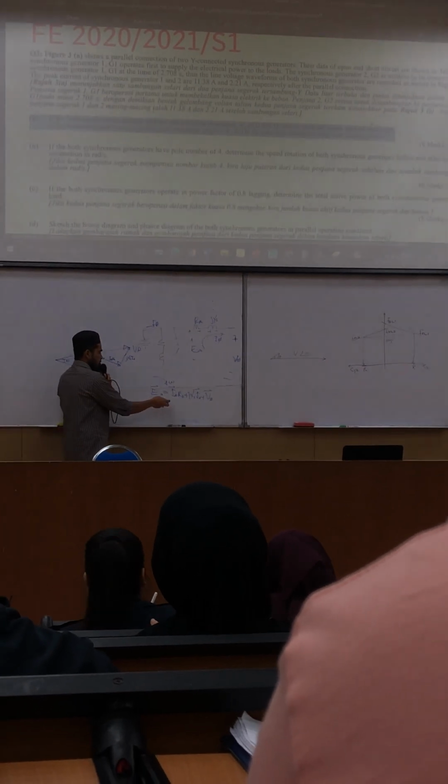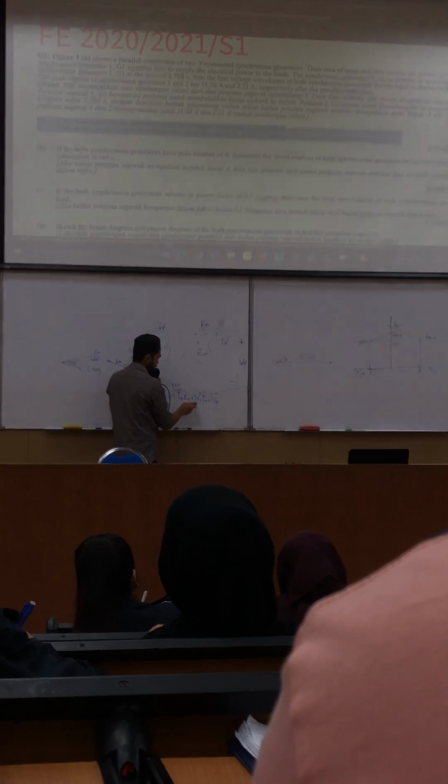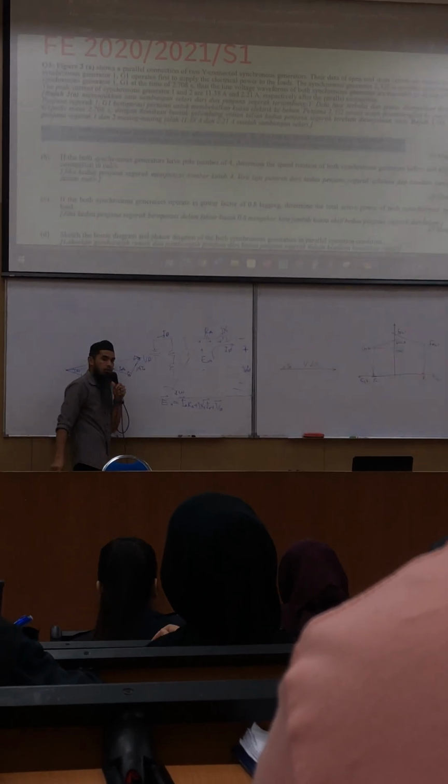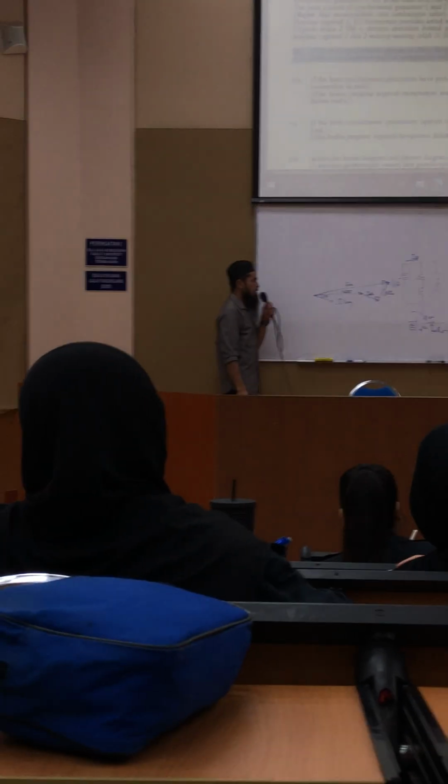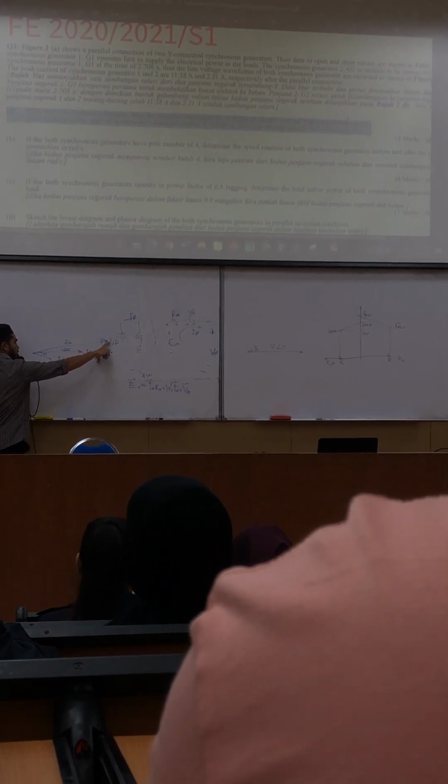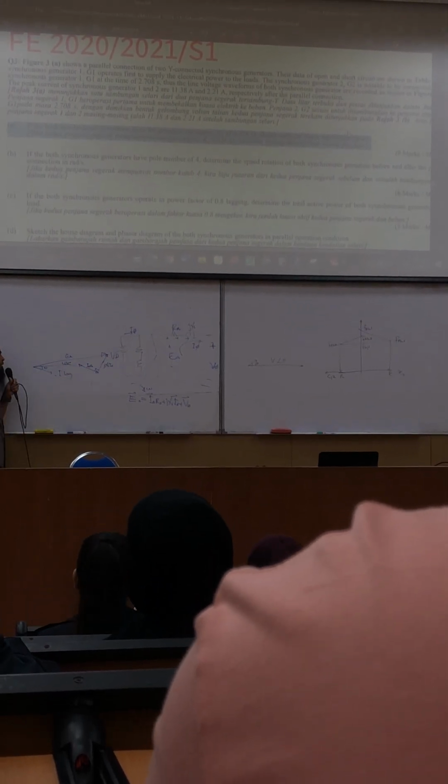EA adalah hasil tambah IARA, JXSIA dengan V phase. So this is how you draw your phasor diagram. Phasor diagram untuk generator lebih mudah berbanding untuk motor sebab dia tak kurang confuse. V phase tambah IARA tambah JXSIA membentuk EA.